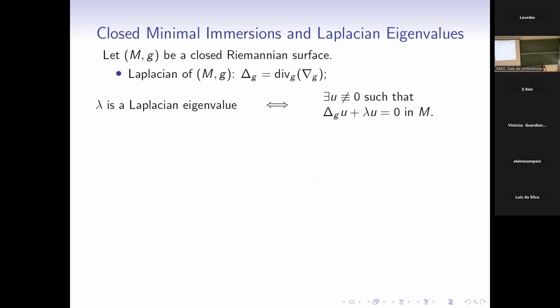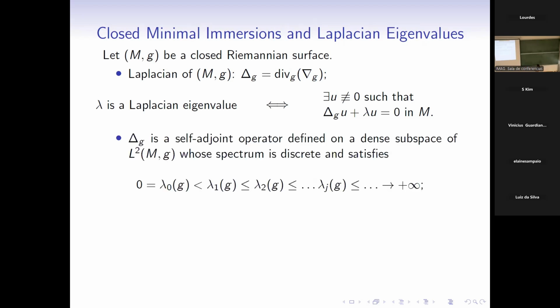And we know that a value is an eigenvalue for the Laplacian if you have a non-trivial solution for this equation. And as Dan also mentioned yesterday, this operator has a discrete spectrum that goes to infinity. Also the first eigenvalue for any metric that you have is always 0. So when we talk about the first eigenvalue, we always mean the non-trivial one, which is lambda 1.